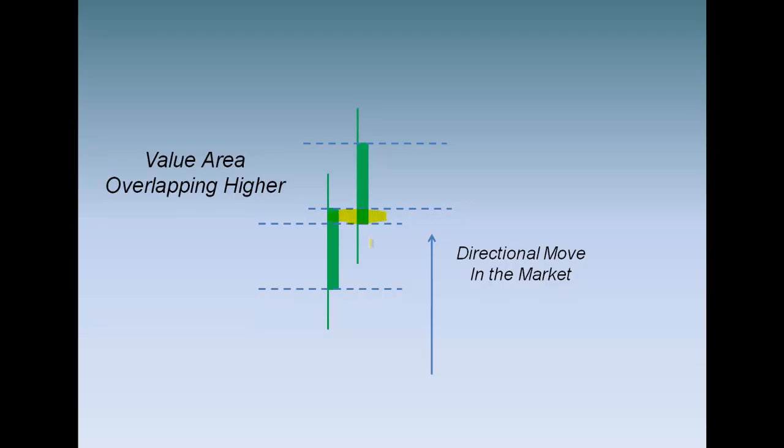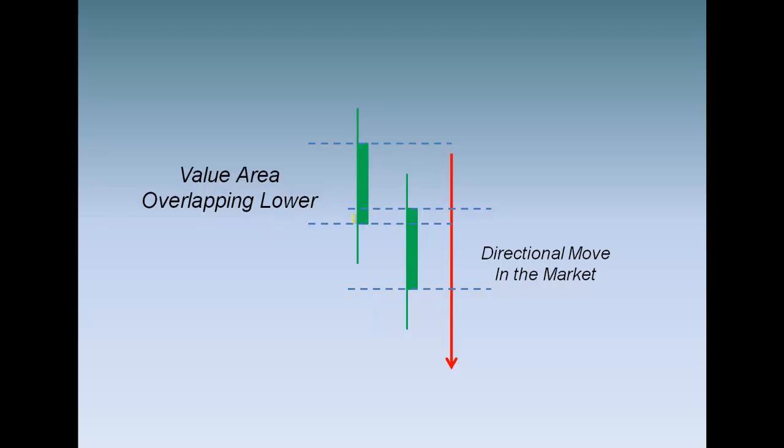This still tells me that we have a directional market, but it's not as strong as one where the new value area is well above the prior area. So whenever they're overlapping, realize, be careful, the move may not be as strong as you might think, and you want to not over extend in terms of future targets. Be a little more conservative.